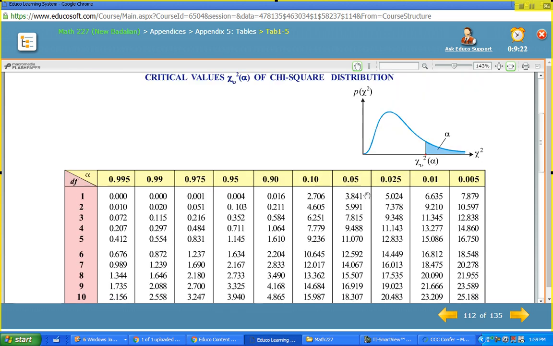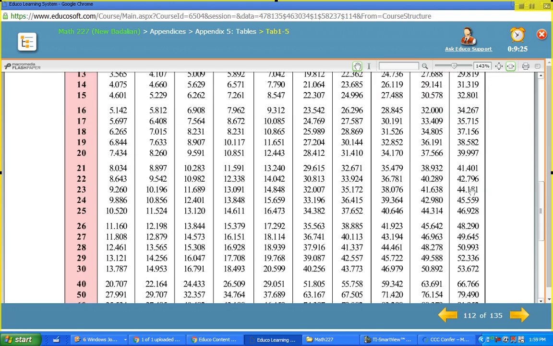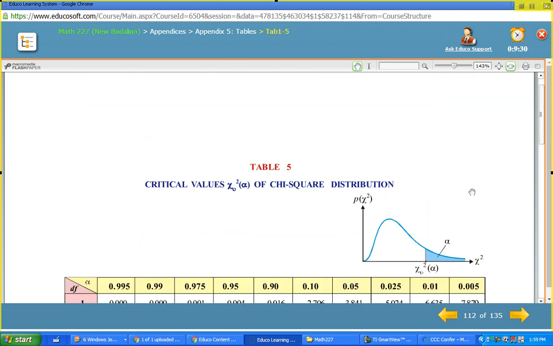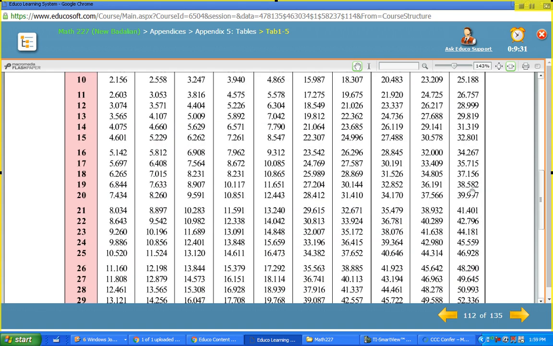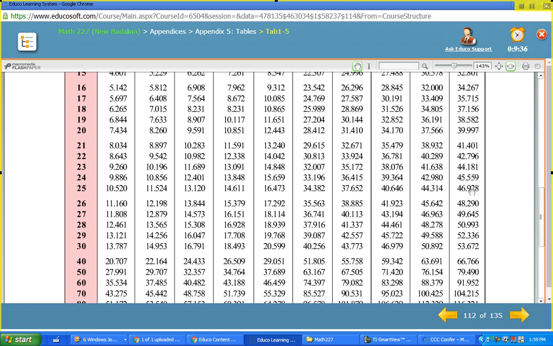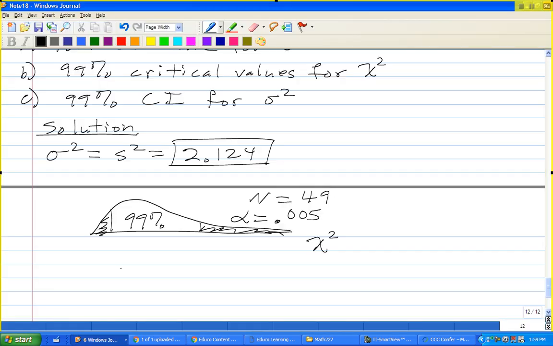So let's look in my table, 49, 0.005. 0.005 is the very last column. So 49 is not quite on the table, but that's fine. You should use an approximation, so let's use the Wilson-Hefferty approximation.